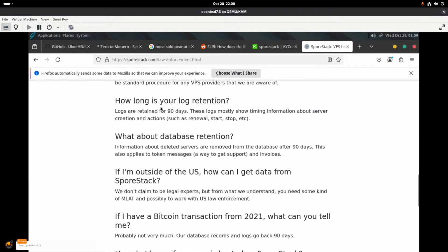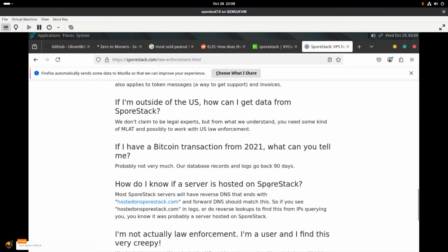Logs are retained for 90 days. These logs mostly show timing information about server creation and actions. Probably not very much. Our database records go back 90 days.